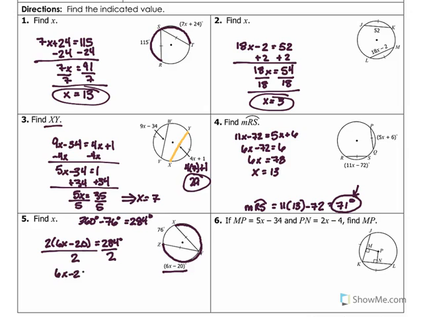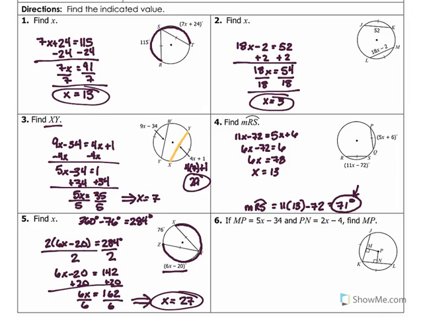So 6x minus 20 equals 142. Add 20. So 6x equals 162. And if we divide by 6, we should get that x equals 27. And that's just x, so you don't need degrees.